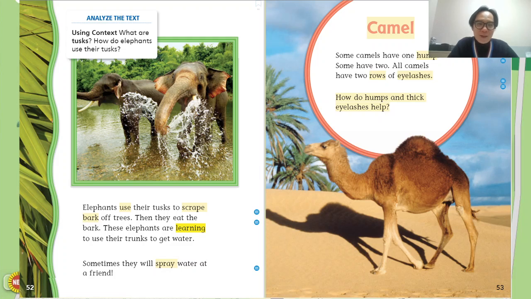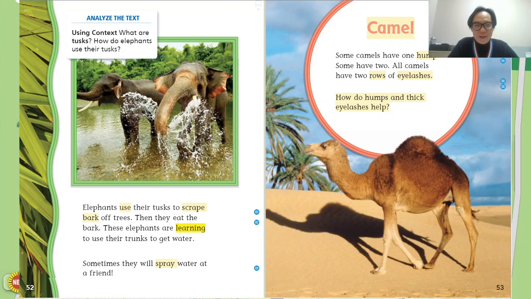Ooh, who's our next animal? It's the camel. Some camels have one hump. Some have two. All camels have 2 rows of eyelashes. Can you blink your eyes and feel your eyelashes? How do humps and thick eyelashes help? Can you tell me? Did you read it already?